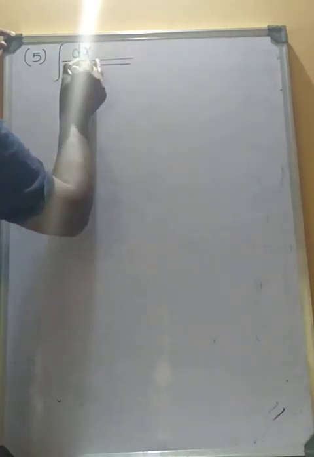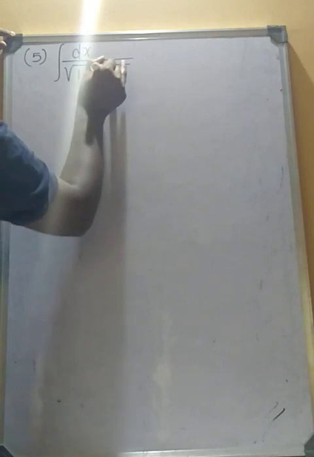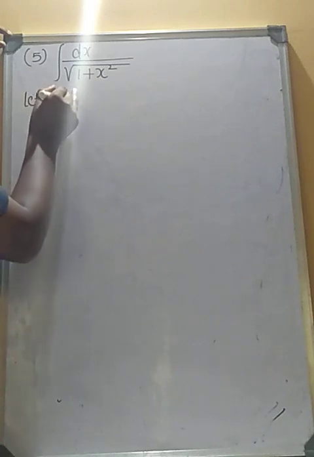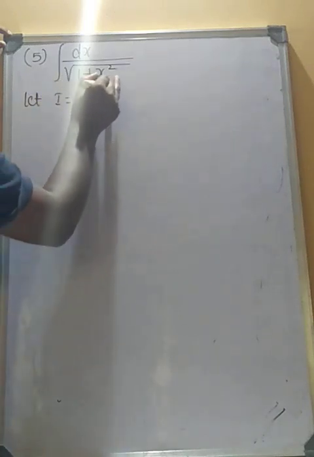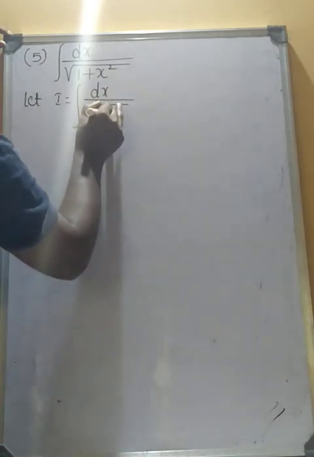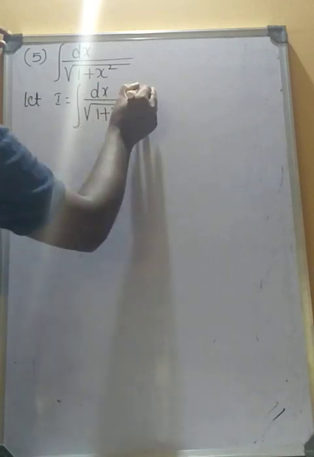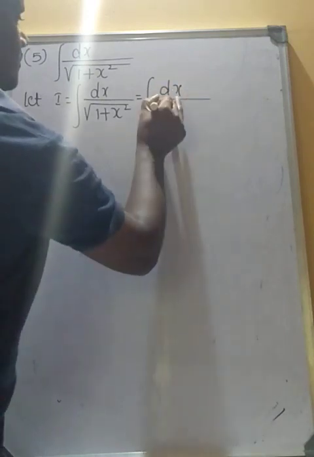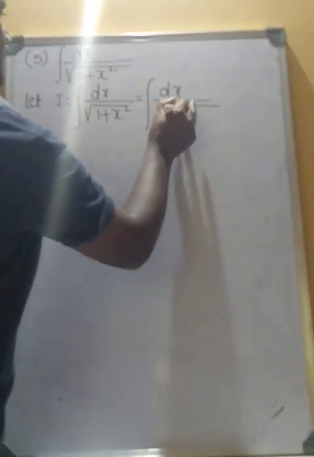The next example, example 5. Find the integral of dx dividing by root of 1 plus x square. So let I be equal to the integral of dx dividing by root of 1 plus x square, that is equal to the integral of dx dividing by root of 1 square plus x square, since 1 can be written as 1 square.